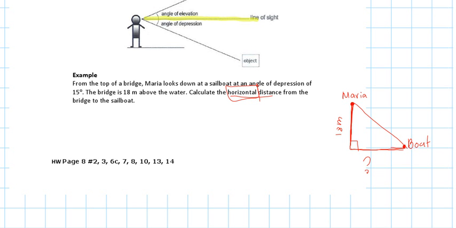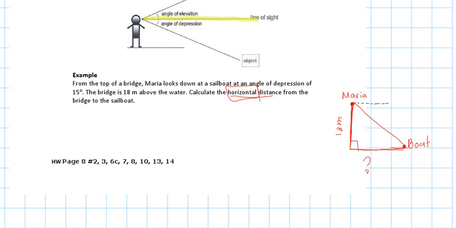Now, where's my angle of depression of 15 degrees? And we know that the angle of depression is measured from the horizontal, right? So if Maria's standing right there and she's looking down at the boat, there is that horizontal line coming out of Maria's eyes.